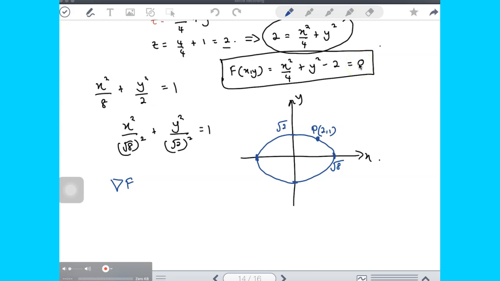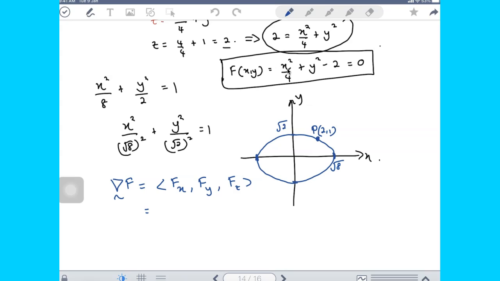Now you want to find the gradient f, so we have to differentiate. As we know, grad f is fx and fy. You can put the fz as well if you want to, but still the answer is 0.